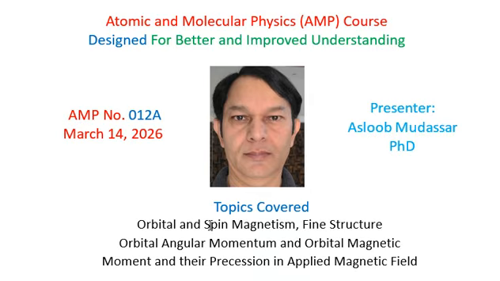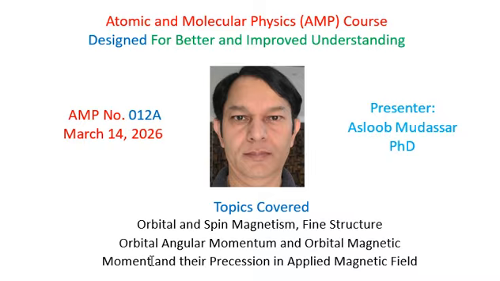When the spin angular momentum and the spin magnetic moment are discussed, the spin of the electron in the presence of the external magnetic field will also be discussed. Then we shall also discuss the spin orbit coupling, and when the spin orbit coupling is discussed, the fine structure will also be explained very well there.